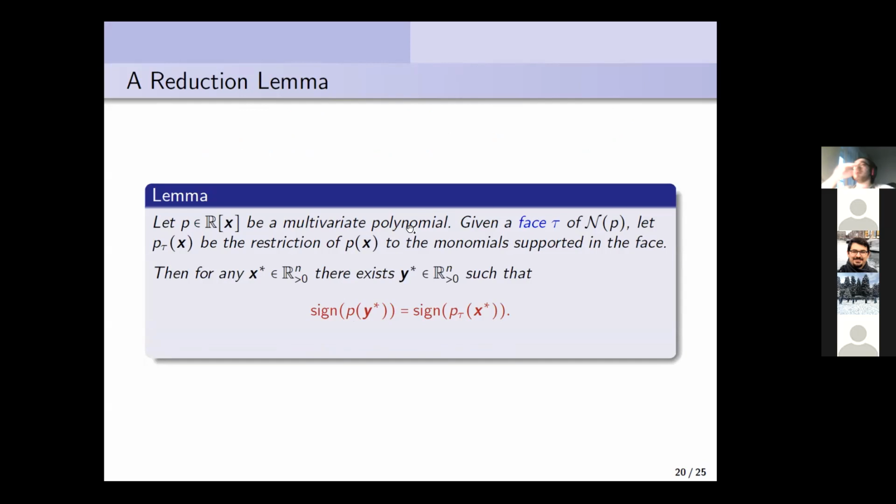What this lemma is saying is that if you have a multivariate polynomial, consider its Newton polytope NP and take a face of it, and consider the polynomial restricted to this face, then any sign that your restricted polynomial can take can also be taken by your original polynomial, and vice versa.